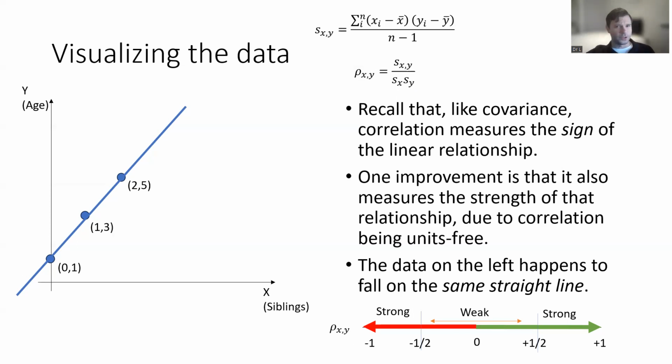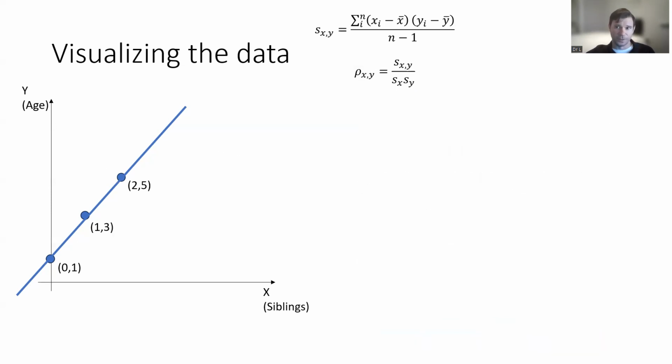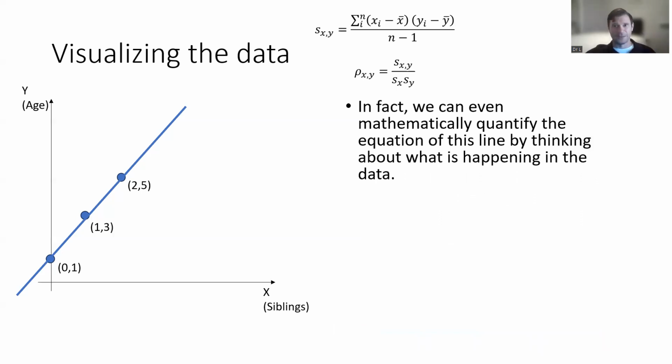Then we hopefully should know now, looking at the bottom spectrum on the screen, green and red, what value the correlation should have when we compute it. It's a perfect positive linear relationship.